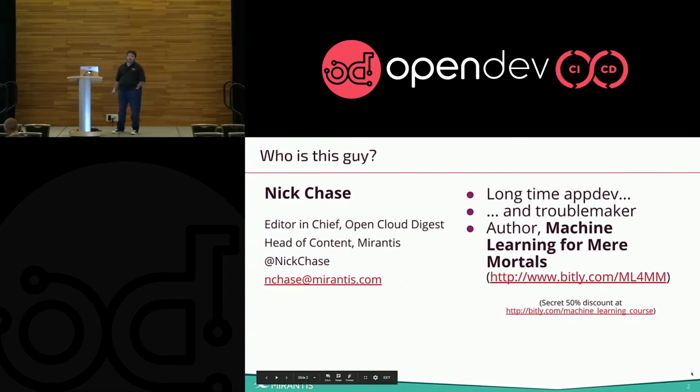Quick introduction to myself. I am Nick Chase. I am the head of content for Mirantis, and some of you may get the Open Cloud Digest that I put out every couple of weeks. I am a longtime application developer and troublemaker, which basically just means that I tend to use things in a way in which it was never intended for them to have been used.